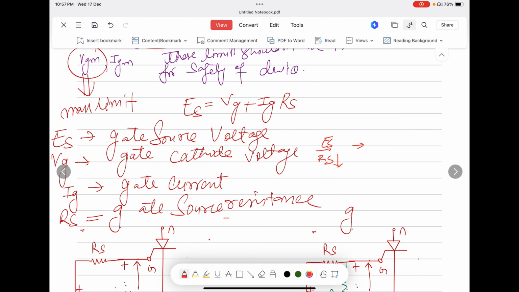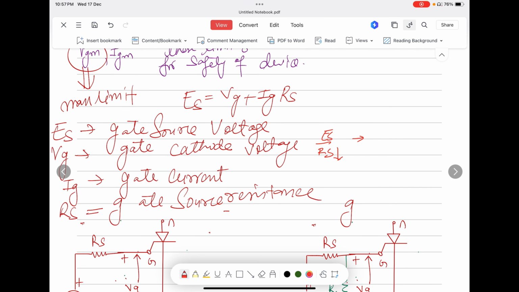So if you look at the equation, what we get is the gate source voltage. This is a gate source voltage. This is the gate cathode voltage. This is the gate current, and this is the internal resistance. So we got this value.